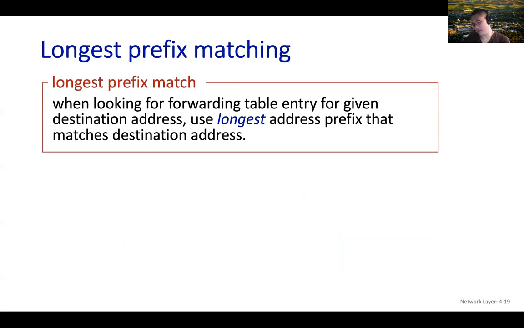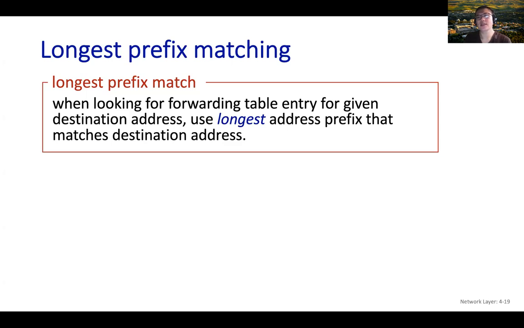I think this algorithm is quite straightforward, but let's try to remember this, okay? In some homework assignments or the exam, there will be related questions. It's longest prefix matching. Just as the name says, when you're looking for the forwarding table entry for a given destination address, use the longest address prefix that matches the destination address. What does this mean?